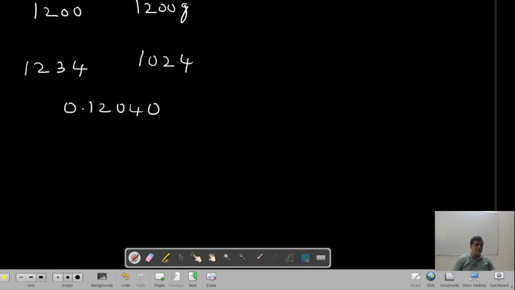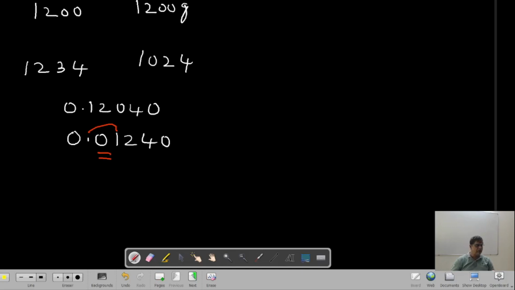But if you have a number less than 1, then the zero between the decimal point and the first non-zero digit becomes insignificant. So in this case, this zero is not significant because it is appearing between the decimal point and the first non-zero digit.